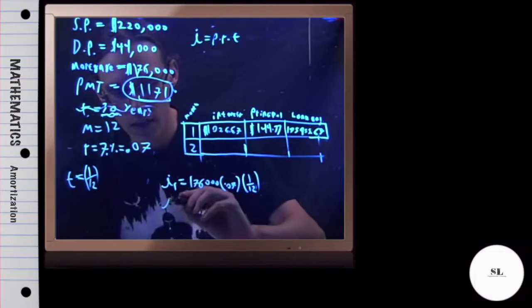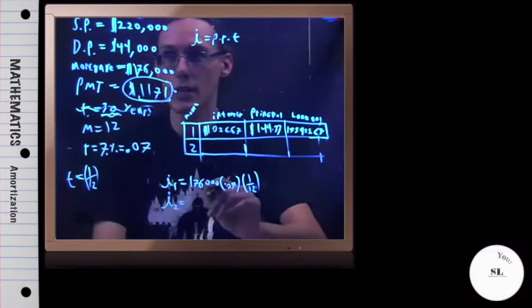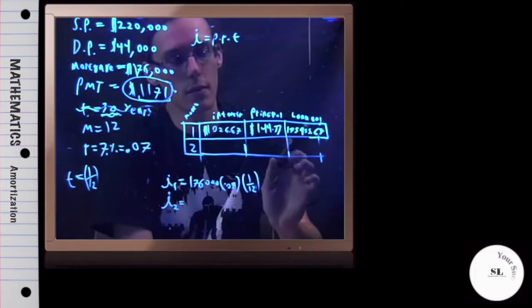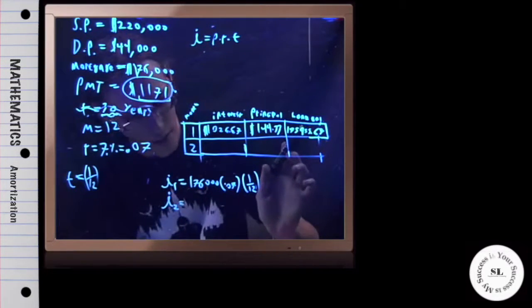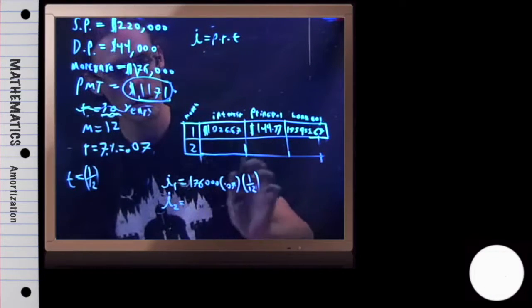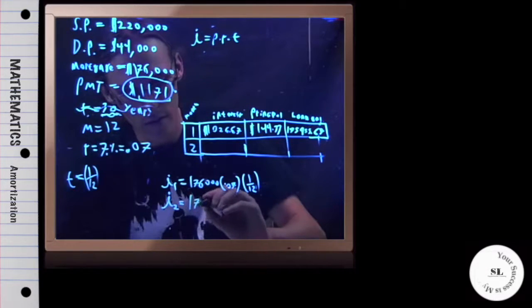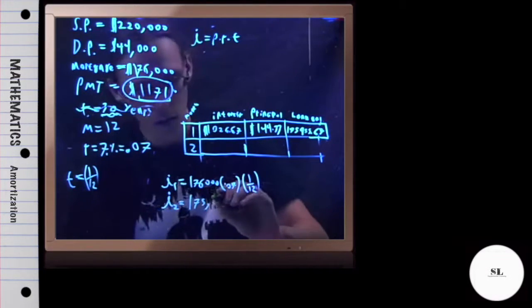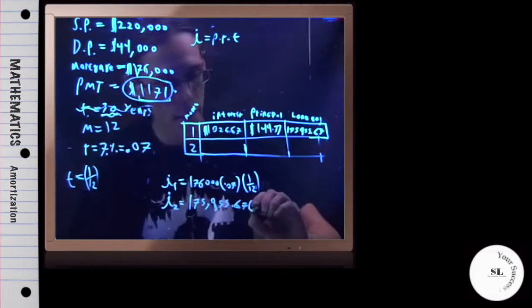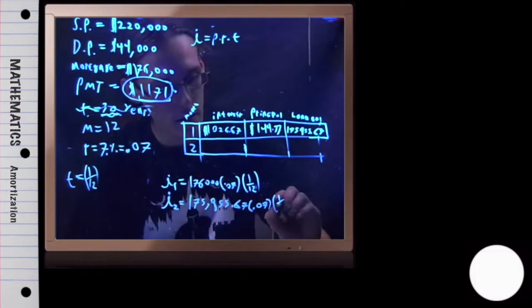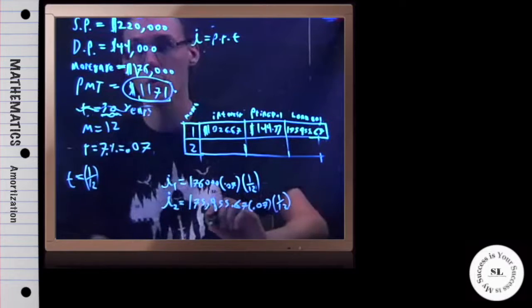So the thing you have to be careful with here is when you do the interest for the second month, there is not $176,000 left on your mortgage. There's this amount, $175,855.67. That's the amount left on your mortgage. So that's what I'm going to use in my new interest calculation. So 175,855.67, times 0.07, and then it's still 1 month that has elapsed since our last payment, so that's 1 out of 12 again.